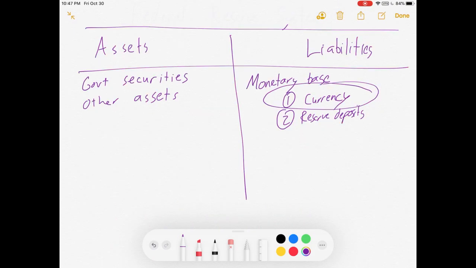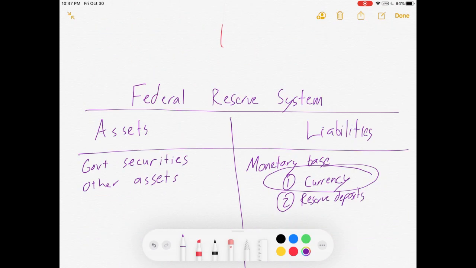Those two things combined are the currency portion of the monetary base. So, the monetary base, unlike the money supply, which is my last video, includes currency in circulation and also currency in the vault. It also includes reserve deposits.